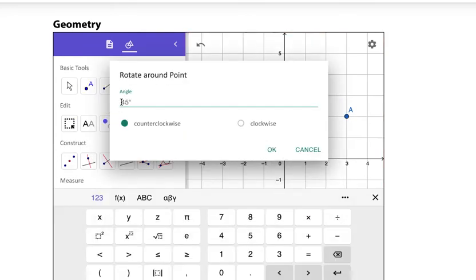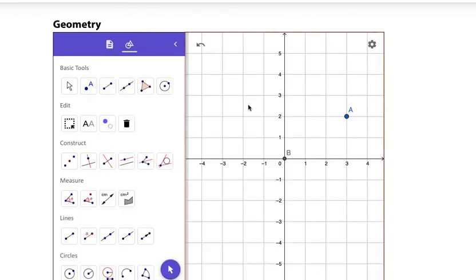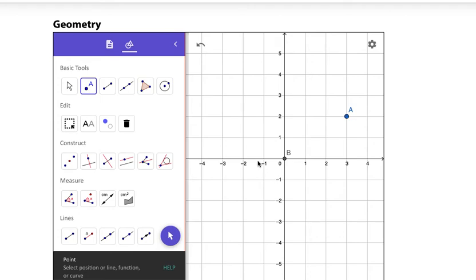And before I even do it, we're going to go 90 degrees counterclockwise. I'm going to think about the coordinates. If that's 3, 2, I'm thinking 2, 3. If that is a 90-degree turn, I'm thinking 1 quadrant over. And if it has to be in this quadrant, 2, 3, I'm really thinking -2, 3.